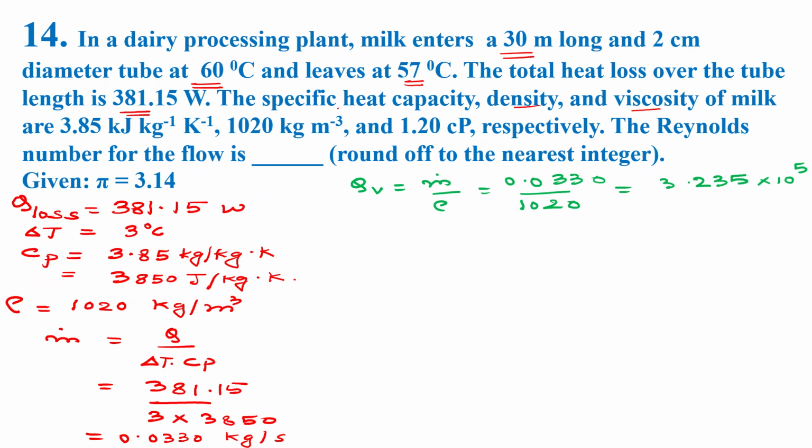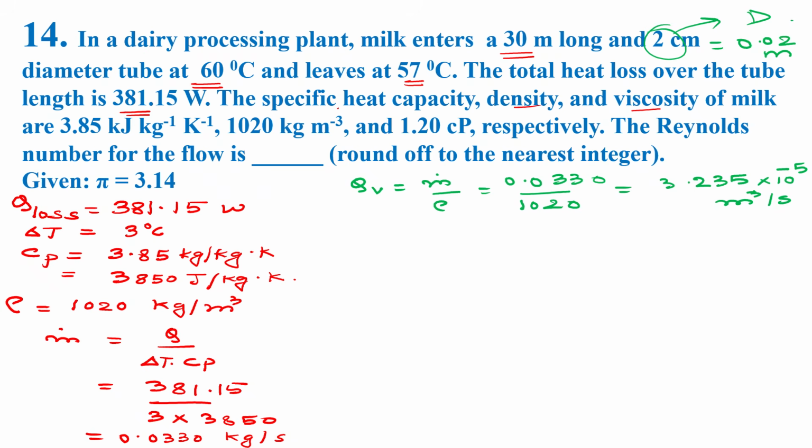Now the pipe diameter, that is D, is given to us as, so this is our D, diameter of the pipe. It is 2 centimeter. So we'll convert it into meters, that is 0.02 meter. And cross-sectional area, we know the formula, that is, since it's a circle, so it will be pi r square.